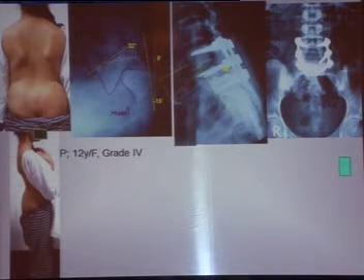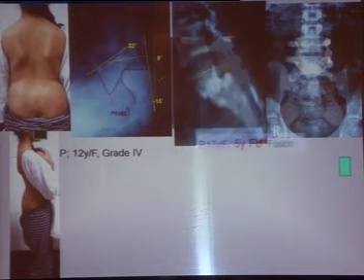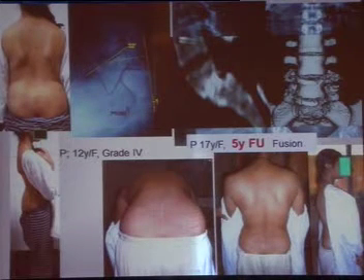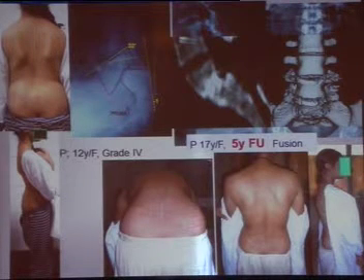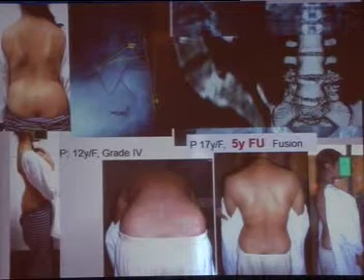This girl is now about 15, 20 year follow-up, and you see we've been able to reduce them well, and she's held on for 10 years follow-up. These are 5 years follow-up, good fusion. And look at the shape of the back that has been restored. That's very, very important. The local deformity is taken care of.